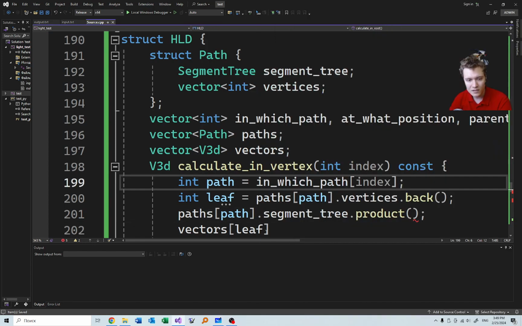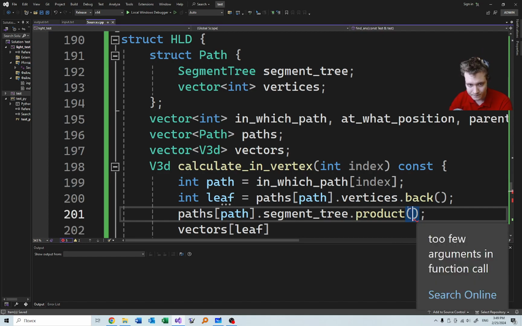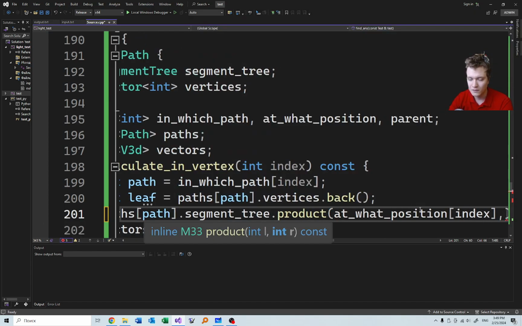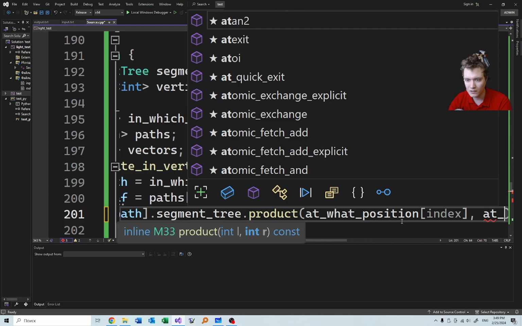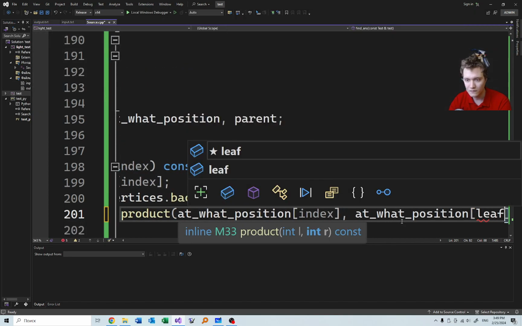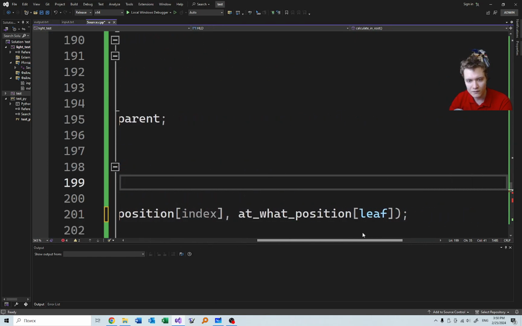So I need to say that we need a product from at what position of index to at what position of leaf. Okay, we have found this product.